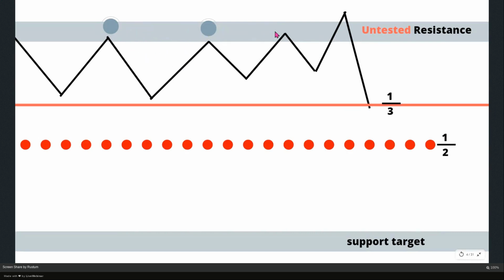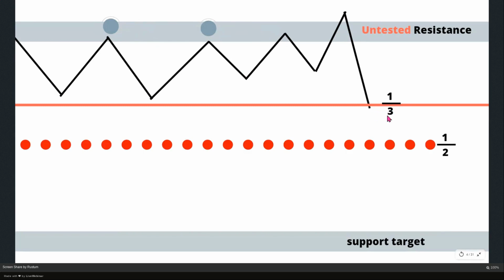But then you still need something else to qualify the level even further. Now, what I do is, if there was price action and the level seems to be working out and we start selling, if price hits 1/3 of the distance from the resistance to the support level, then this level now has been tested already. It's a way of objectifying the level.